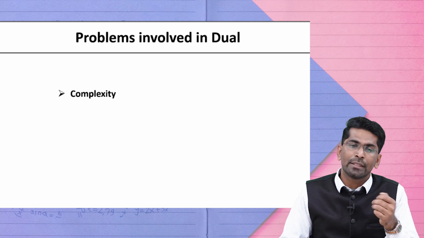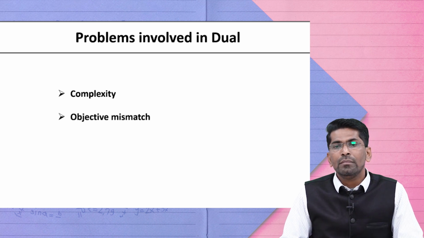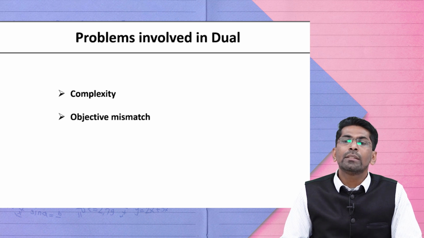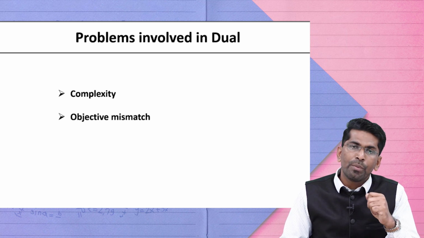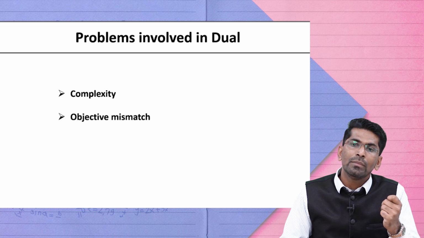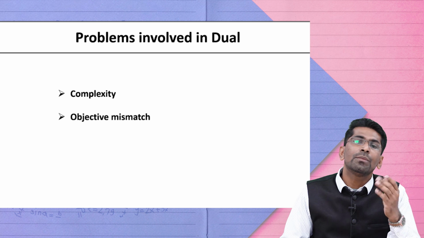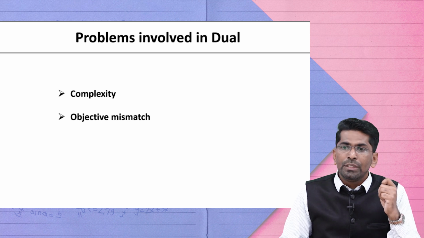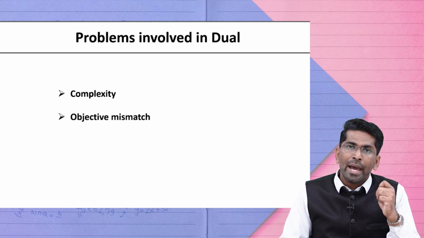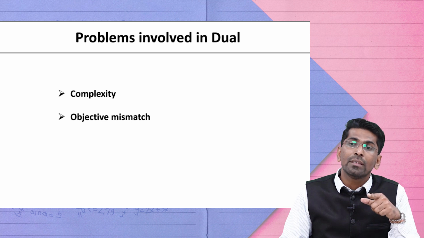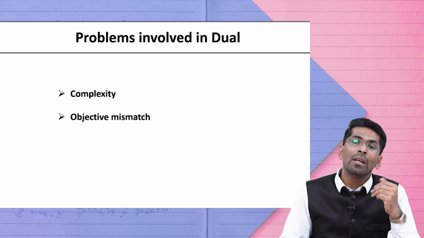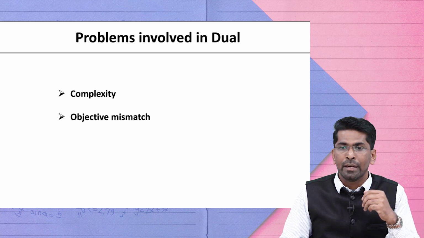So if you are going to convert the primal problem into the dual, it may be complex. Then another problem is related to the objective mismatch. That means the objective function of a dual problem is derived from the constraints of the primal problem and vice versa. Therefore, the objective of the dual problem might not align with the goal or objective of the decision makers. So at that particular point of time, the entire calculation will be misinterpreted.